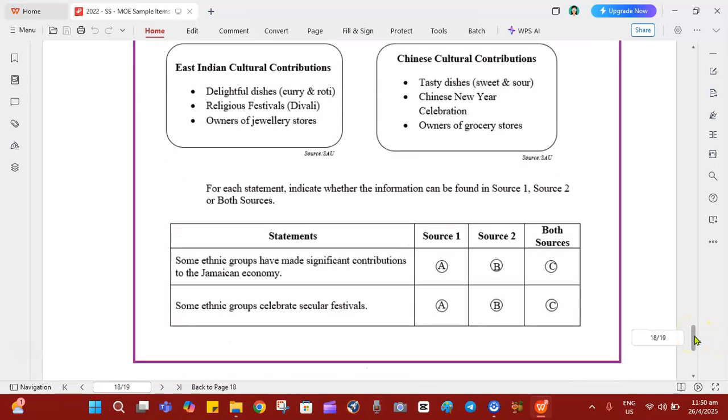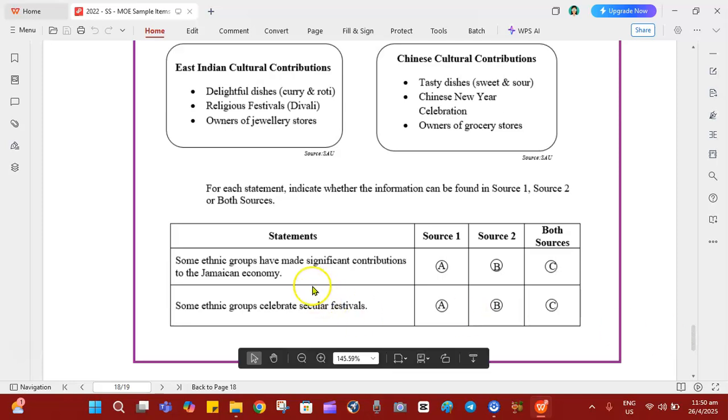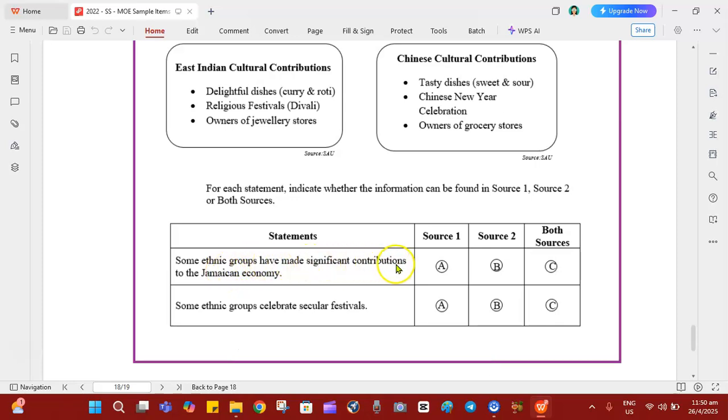For each statement, indicate whether the information can be found in source 1, source 2, or both sources. Some ethnic groups have made significant contributions to the Jamaican economy. And of course, it's both sources, because it's clear here.